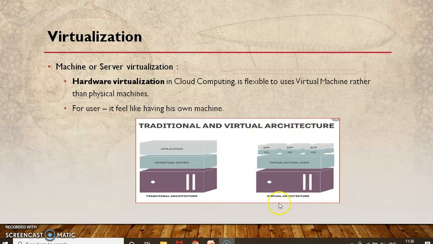On the right hand side you have the physical machine, on that you have the virtualization layer, on top of it you have different operating systems and the applications. But if you narrow down, it will all be residing on the same physical server. That is what virtualization is all about.